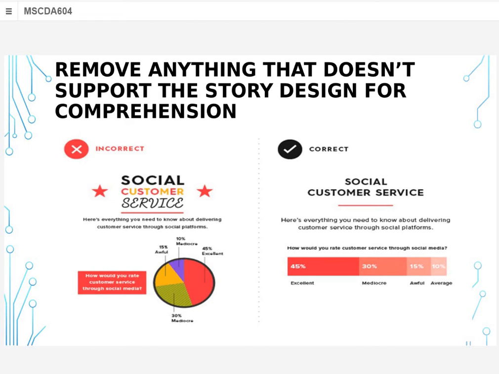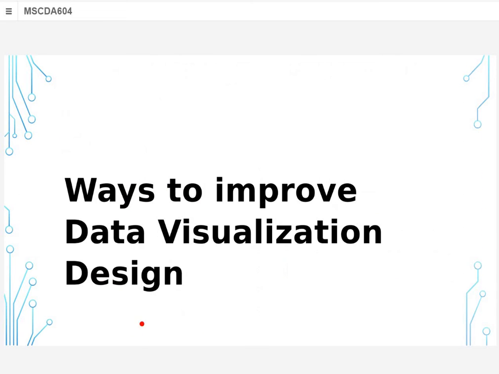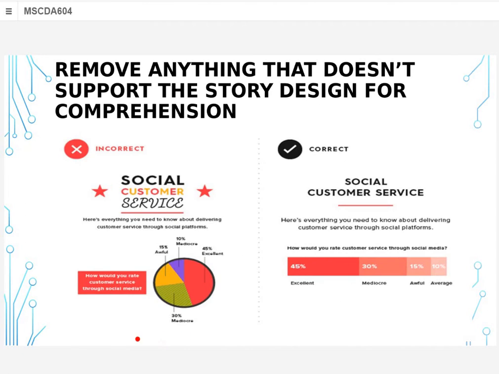We would normally want to remove anything that does not support the story, designing for comprehension. Comprehension is how people see things, how they comprehend. So we need to remove anything that does not support the story.